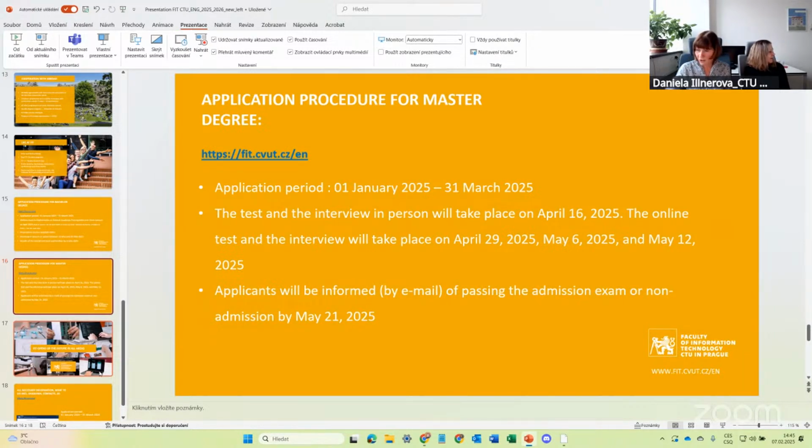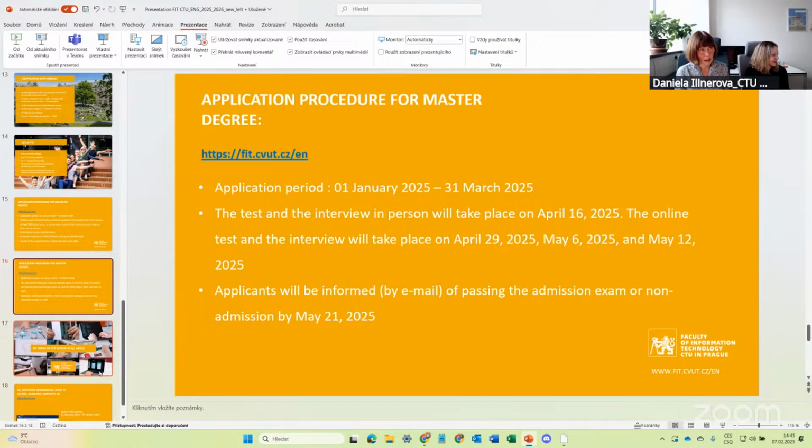Another question: is there a procedure for applying to a combined study program? Unfortunately, for the English programs that we conduct at the moment, there's no option for a combined study program. It's all full-time studies, both for bachelor's and master's.